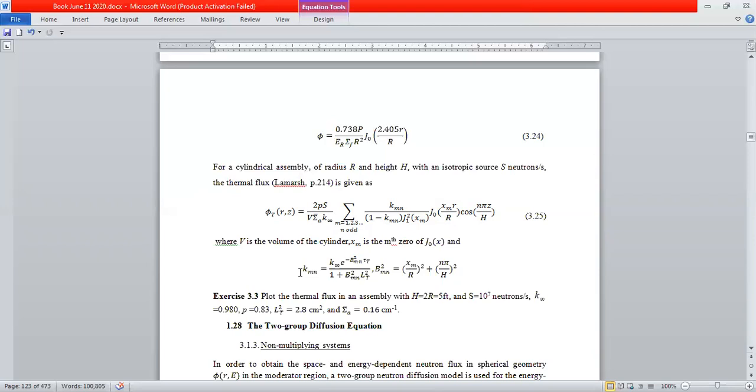Now h equal to 2r, you see, is an optimized cylinder, optimized for something. So if you have a cylinder of height and diameter 5 feet, and you have a source of 10 to the 7 neutrons per second, you have, so sorry, this is not a reactor, this is an assembly.